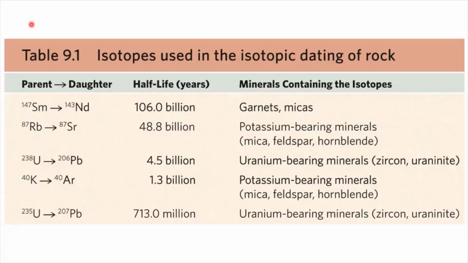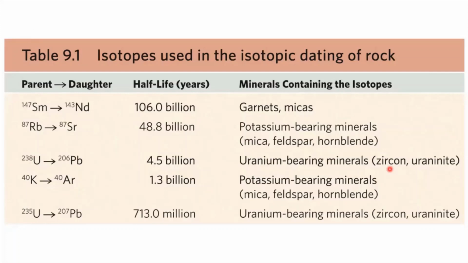Now, different isotopes have different half-lives. So let's talk about first uranium-238, which decays to the stable daughter product lead-206. And that has a half-life of 4.5 billion years. And we see that there are uranium-bearing minerals in some rocks called zircons, and these occur in both igneous and metamorphic rock, and they're preserved because they're relatively very hard.